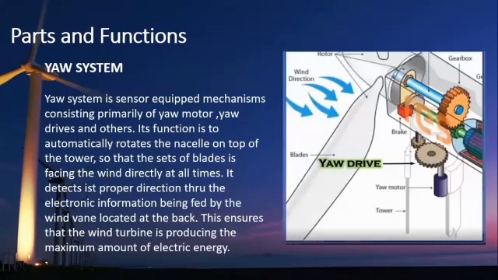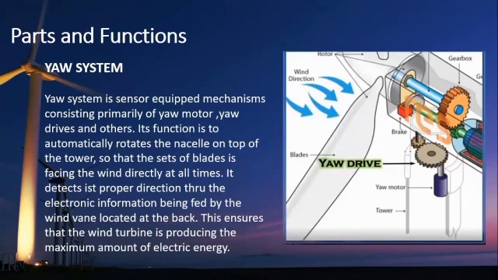Next, yaw system. The yaw system is a sensor-equipped mechanism consisting primarily of a yaw motor, yaw drives, and others. Its function is to automatically rotate the nacelle on top of the tower so that the set of blades is facing the wind directly at all times.